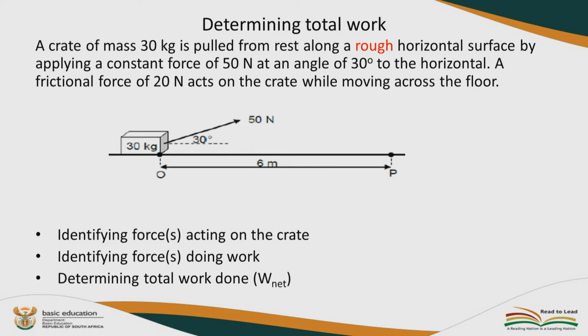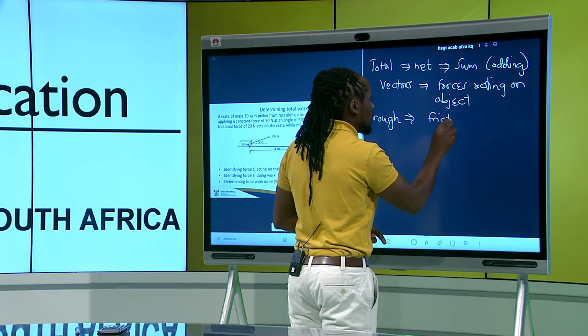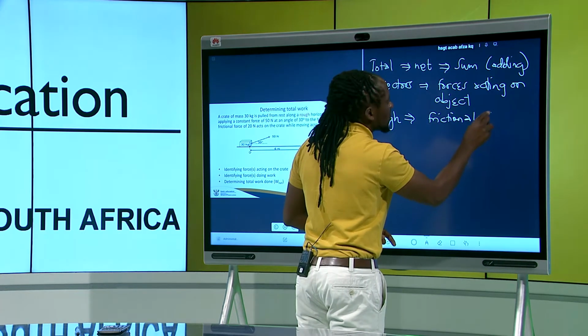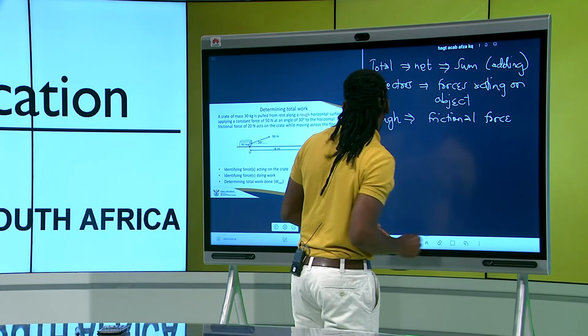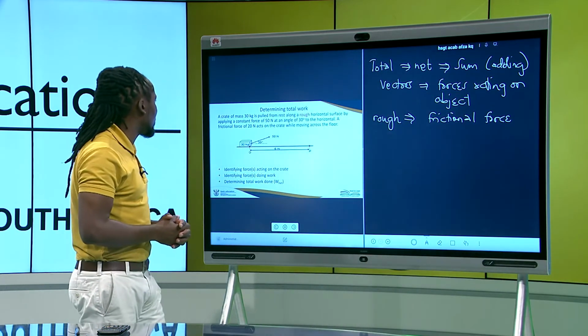A crate of mass 30 kg is pulled, meaning the moment we say pull, a force is applied onto the object of concern to us, along a rough horizontal surface. We have also highlighted that when it says rough, the implication, as we know from grade 11, is that there is a frictional force acting on the object, and we assume that that force is constant.